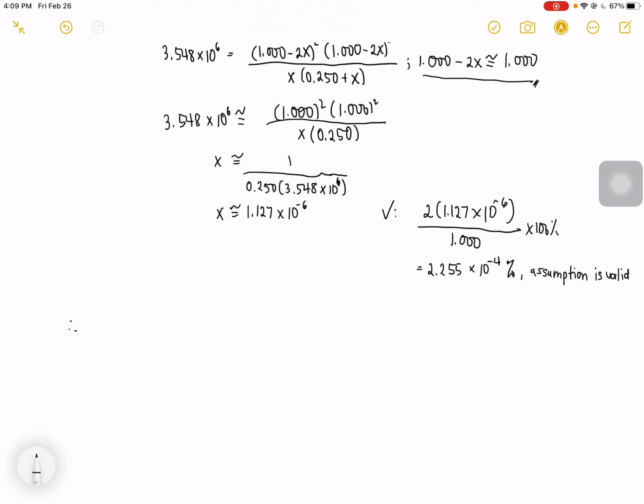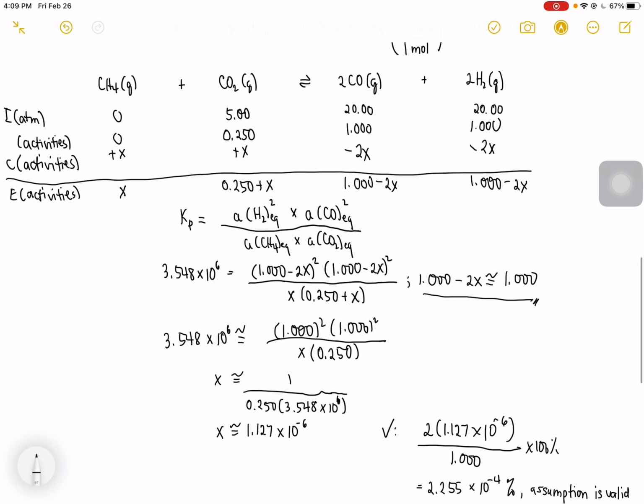So the partial pressure of methane at equilibrium is going to be about equal to its equilibrium activity times 20 atmospheres. Now going way back into our ice table, the equilibrium activity of our methane is equal to x.